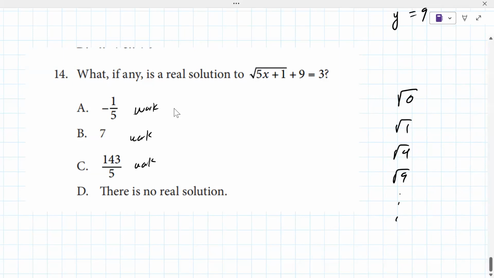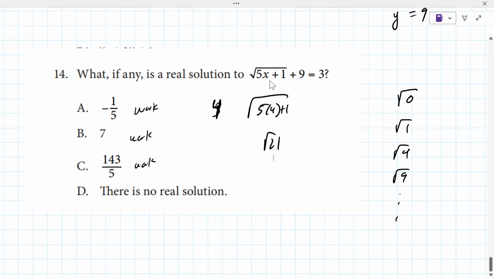If one of the answers is like 3, 5 times 4 plus 1 is the square root of 21. Well, that's bad because you don't know that. So if you can't solve and you have to try numbers, make sure that you can actually do it.